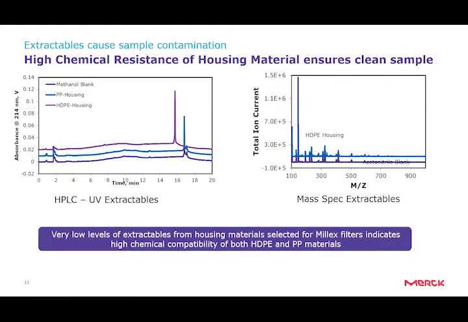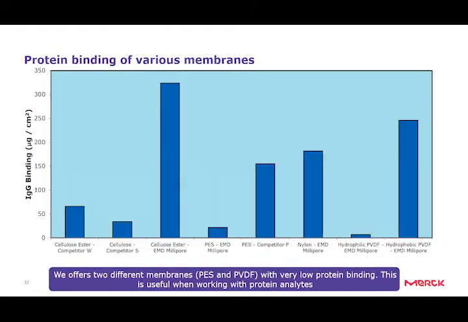If you're working with proteins as analytes, you also have to take into account the protein binding of various membranes. Within our portfolio, we have two different membranes, a polyether sulfone, as well as the hydrophilic PVDF membrane, which have very low protein binding.